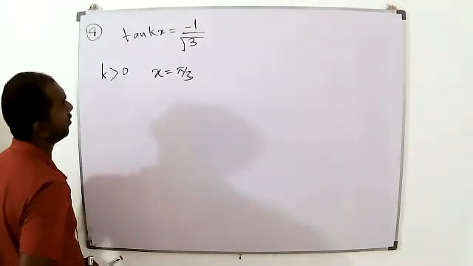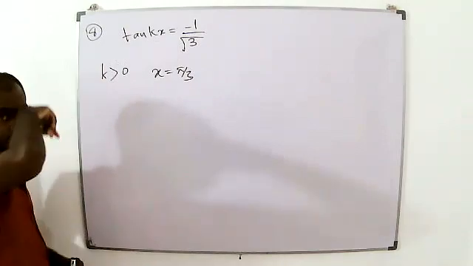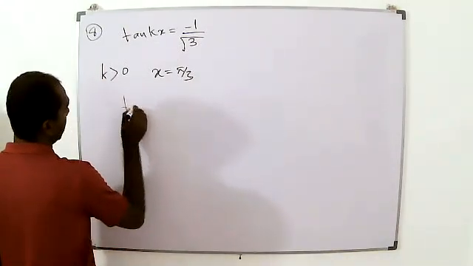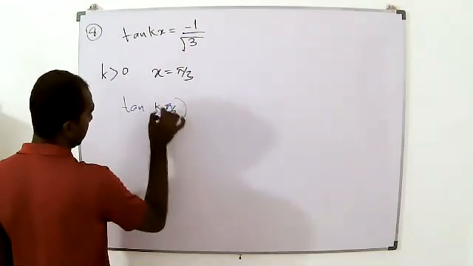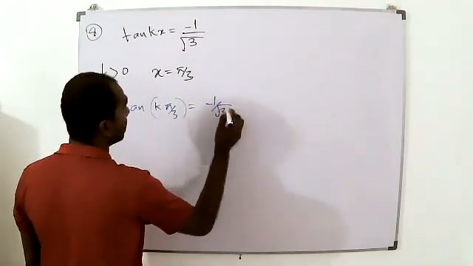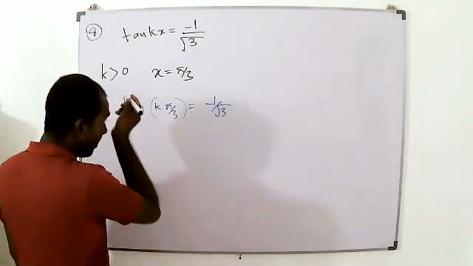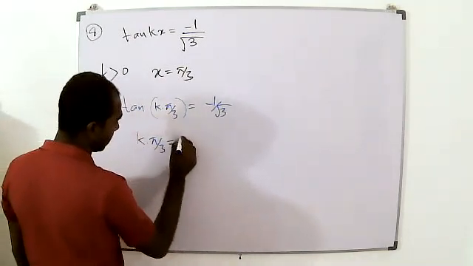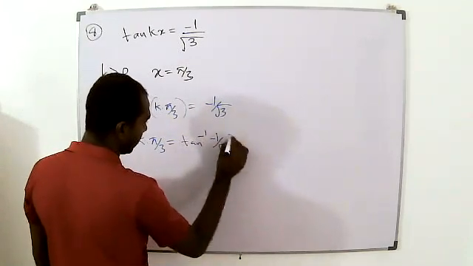What is meant by solution? This value should satisfy this equation, no? So if we put here tan k times 5 over 3 should be equal to minus 1 over square root 3 as well. Now you can find what? You want k times 5 over 3 equals tan inverse minus 1 over square root 3.